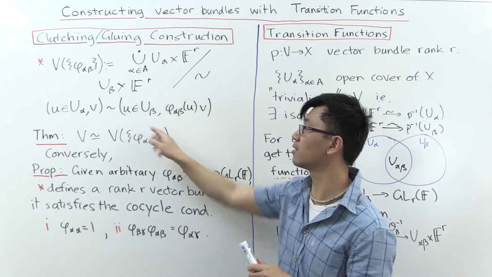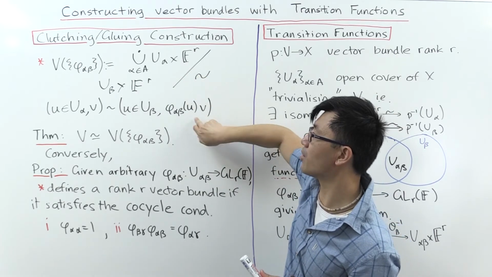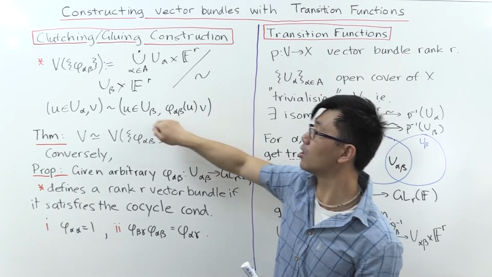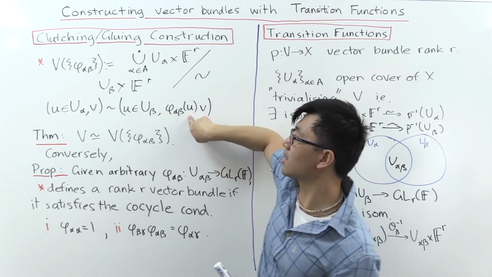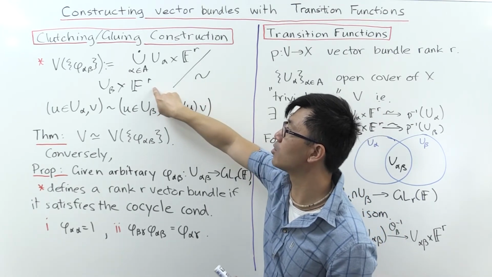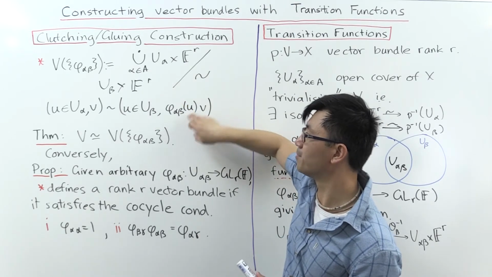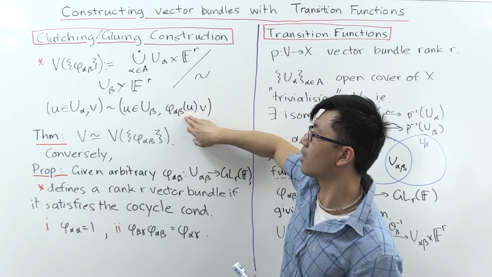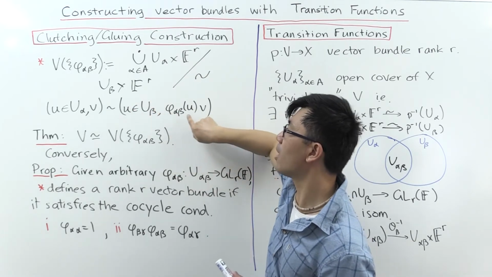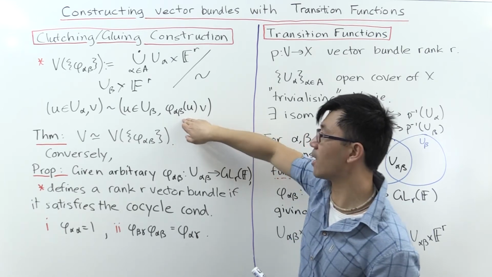And which element is that? It's just u comma the corresponding element of F to the r, which is given by this gluing data here. So we just apply phi alpha beta to this u, and this r by r matrix you hit with v, and that gives you the new element of F to the r. That's the corresponding element. So this is the way you glue the vector space above u inside U alpha cross F to the r to the vector space above u inside U beta cross F to the r. That's the gluing data that's involved.